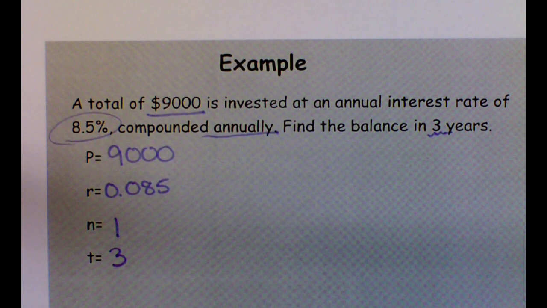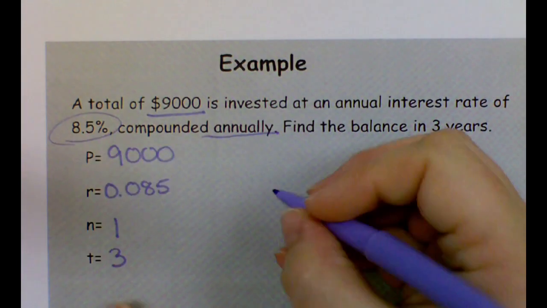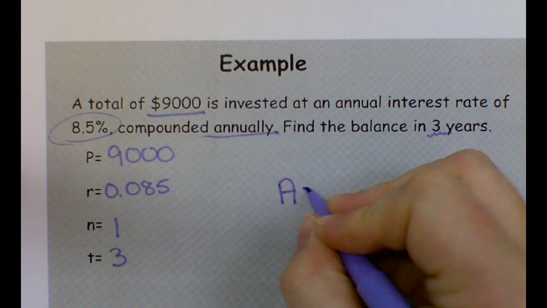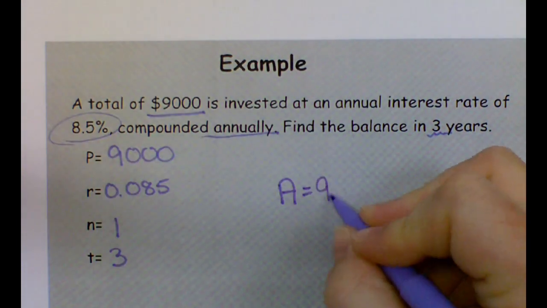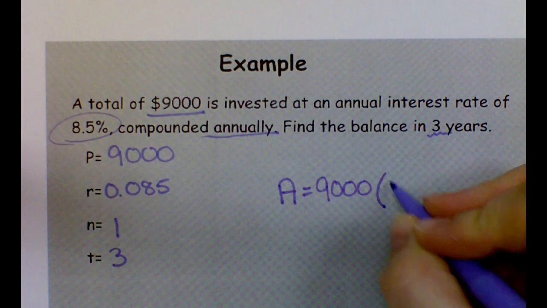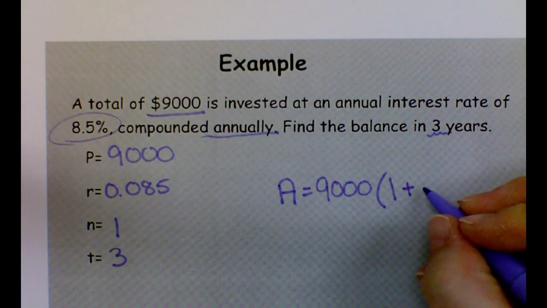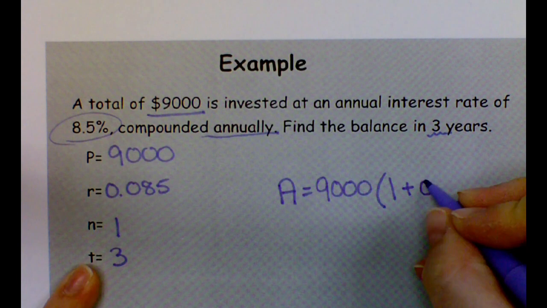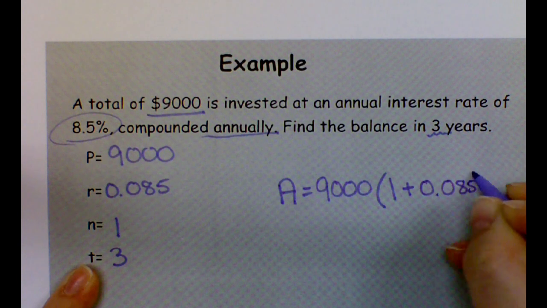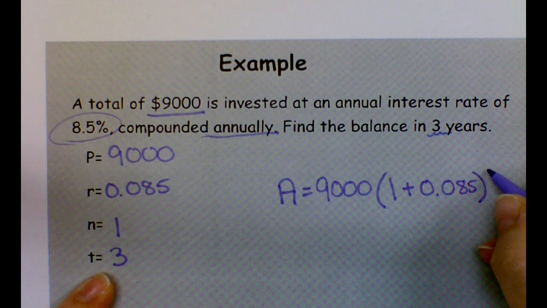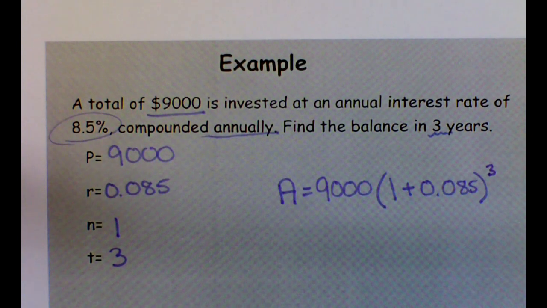So if I want to find how much the balance will be, I need A equals P, which is 9,000, times 1 plus R over N, which dividing by 1 is just going to be 0.085, to the N, which is 1, times T, which is 3, power.